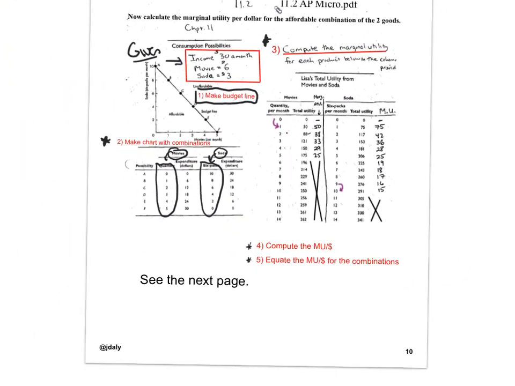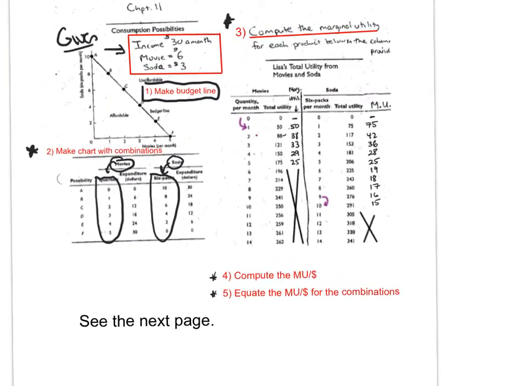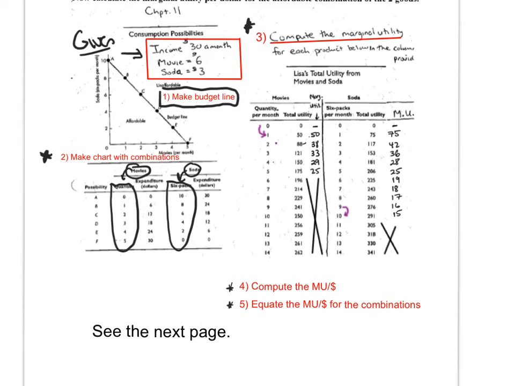So here's a practice example I want you to work through. It starts off giving you income of $30 with the price of movie of 6 and soda of 3. From that you have to make the budget line, so do all your combinations of points. And they use step 2, the table, the chart to do that. Then you have to compute your marginal utility. You're given your total utilities, so you compute your marginal utility.